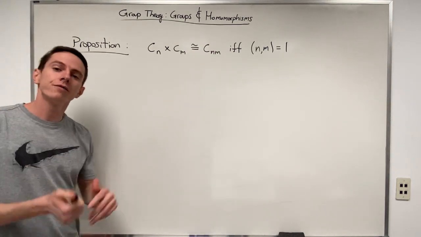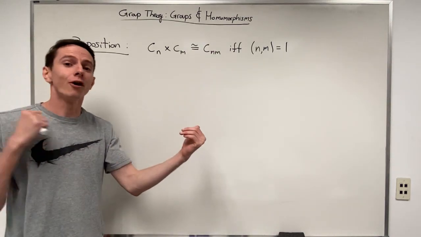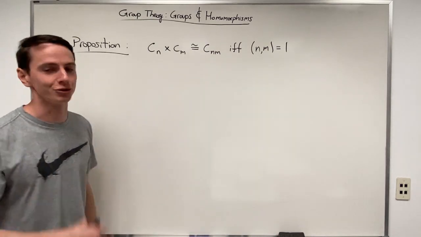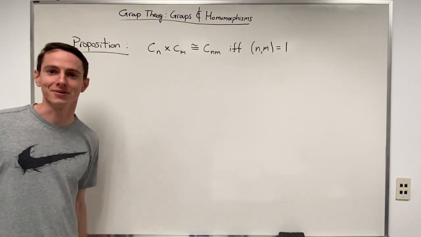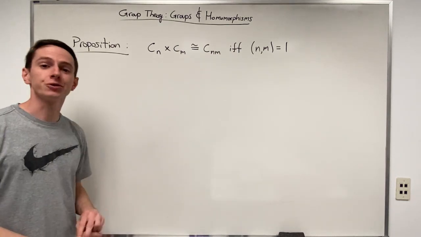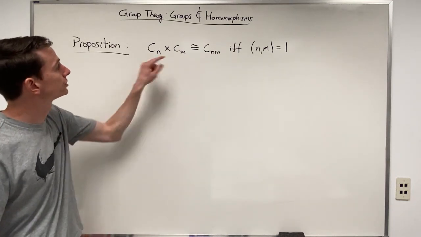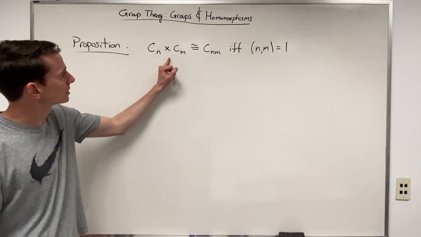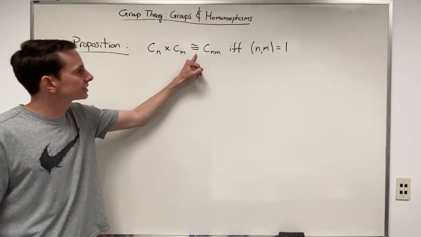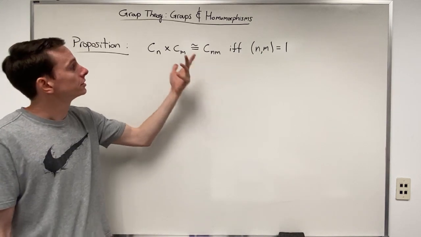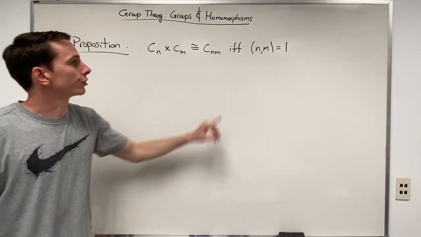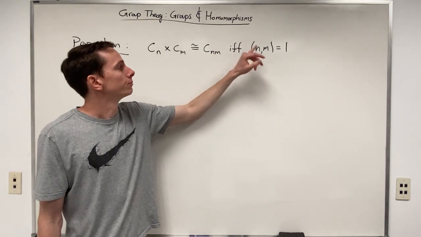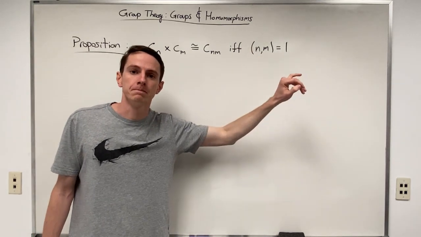Okay, so we have our first claim involving an isomorphism between two groups. So excited to get into this. And this is the statement right here. It says that the direct product between two cyclic groups, Cn cross Cm, is isomorphic to the singular cyclic group, C sub Nm, if and only if the highest common factor between N and M is equal to 1.